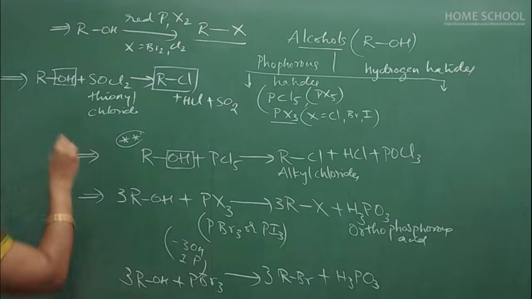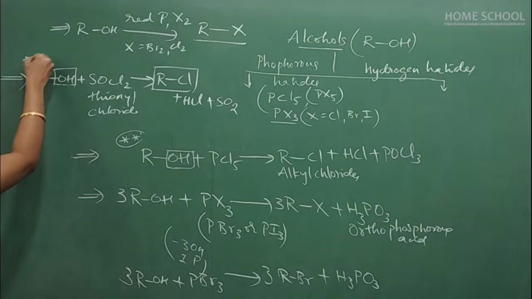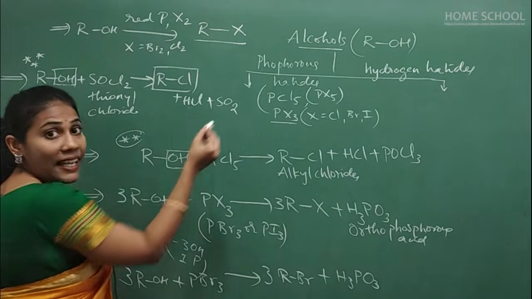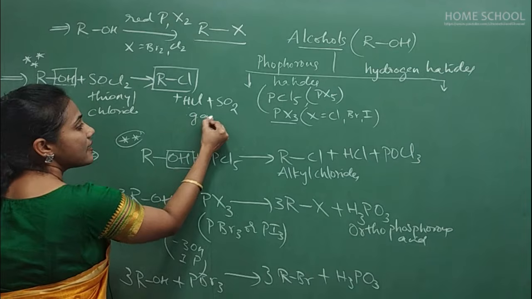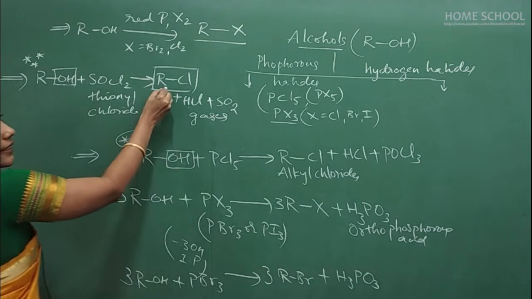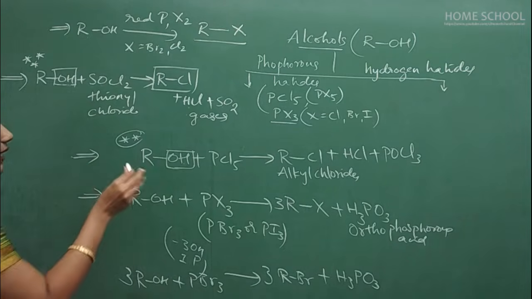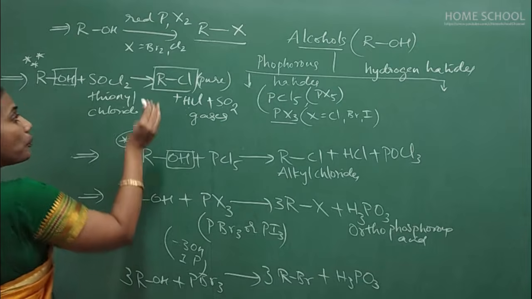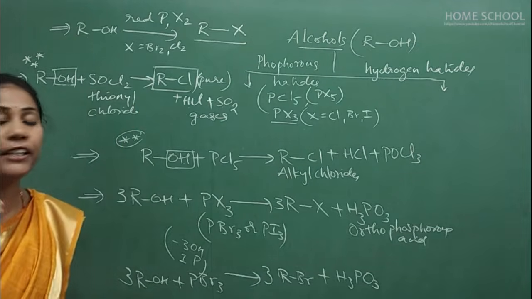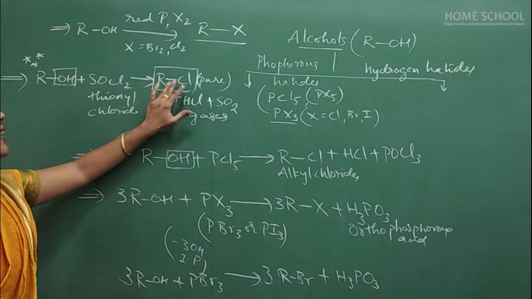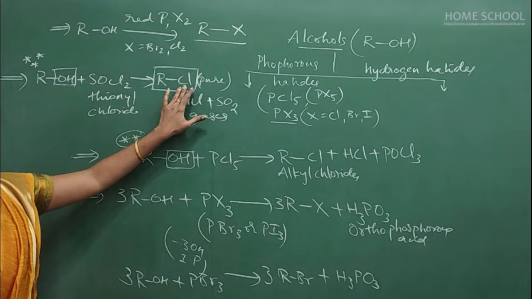Why this reaction is very interesting and very important is that the byproducts HCl and SO2 are gases. They are gases, and the main product, the alkyl halide that you are getting, is available in a pure form. Okay, so pure alkyl chloride you can prepare. You cannot prepare alkyl bromide and alkyl iodide from this method.